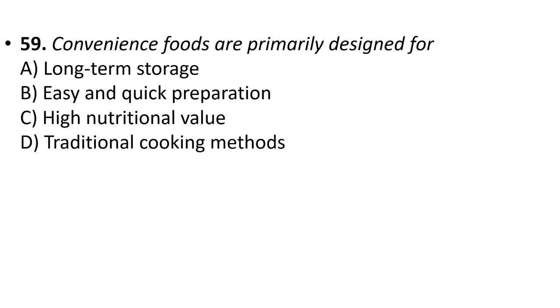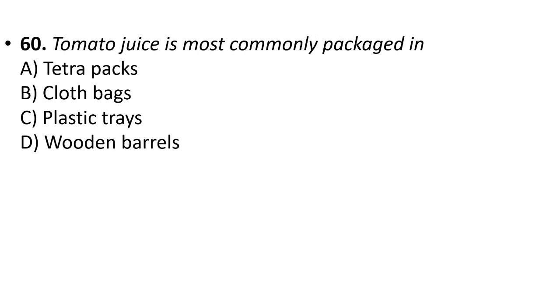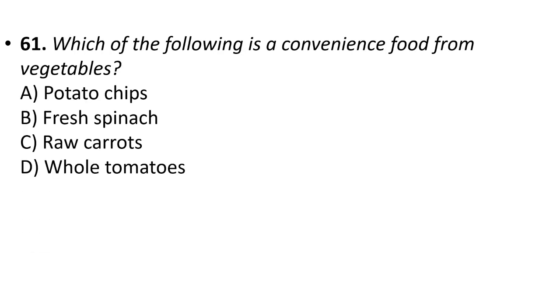Convenience foods are primarily designed for long-term storage, easy and quick preparation, high nutritional value, traditional cooking methods. Your answer is option B, easy and quick preparation. 60. Tomato juice is most commonly packaged in Tetra packs, cloth bags, plastic trays, wooden barrels. Your answer is option A, Tetra packs.